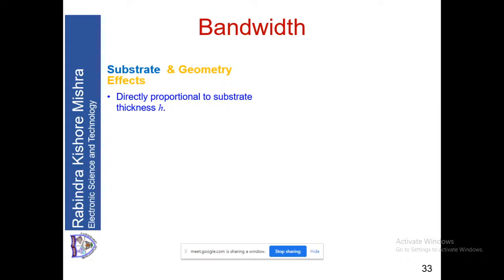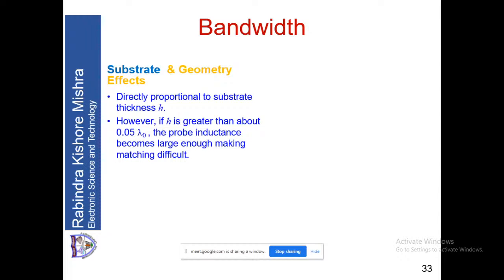If the field is loosely attached, then it is easier for the field to detach from the structure and get radiated. So I get more radiation over a larger frequency range. Therefore, the range of frequency will also increase, bandwidth will increase if we increase the substrate thickness.